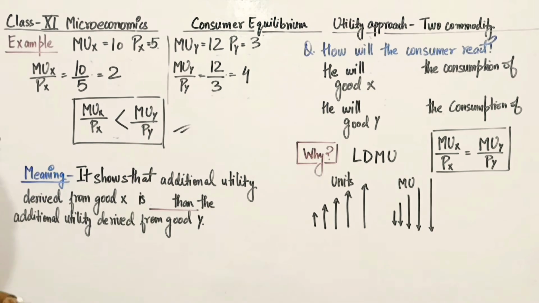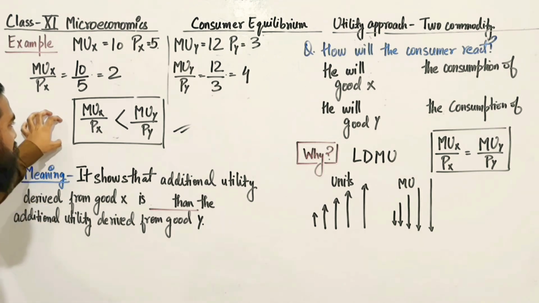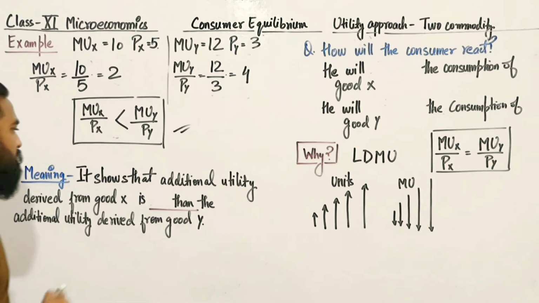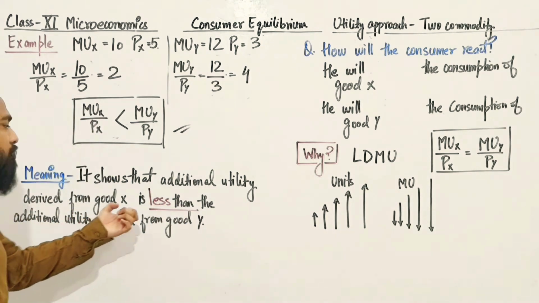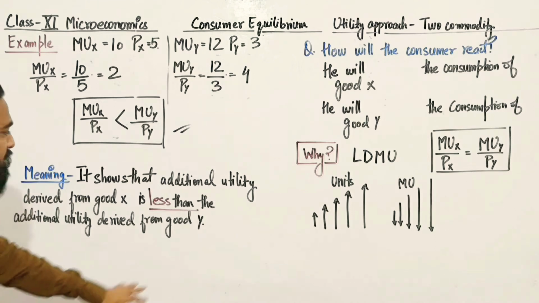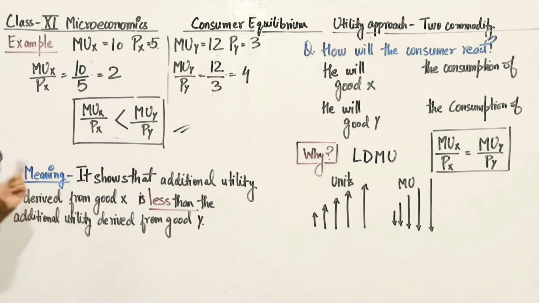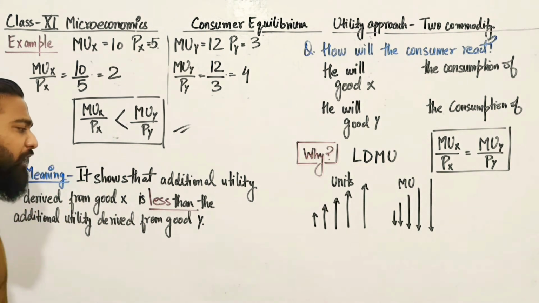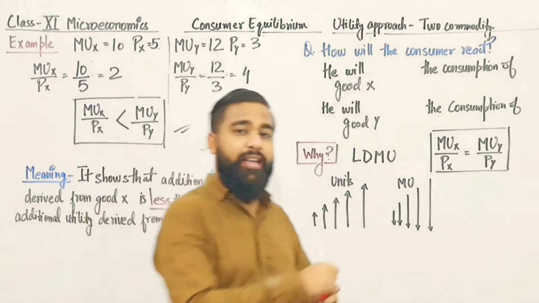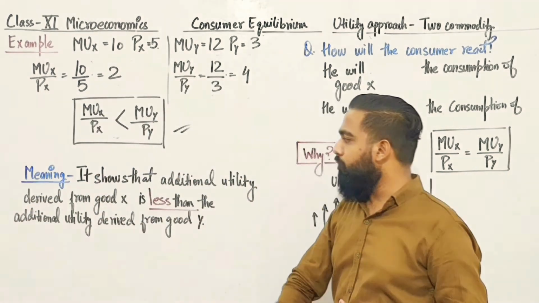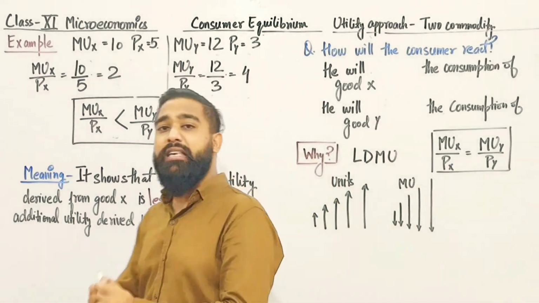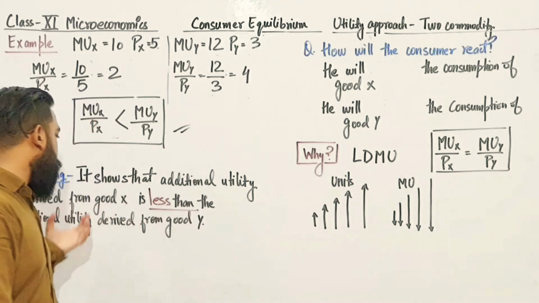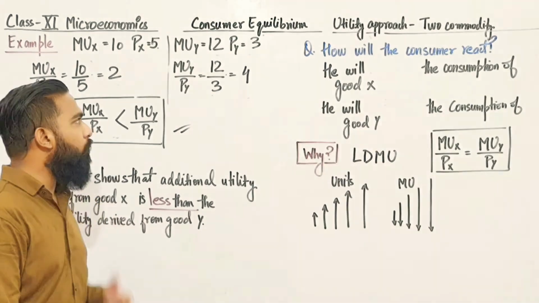This shows that the additional utility derived from good X is less than the additional utility derived from good Y. It means the marginal utility being derived from good Y is more than good X.